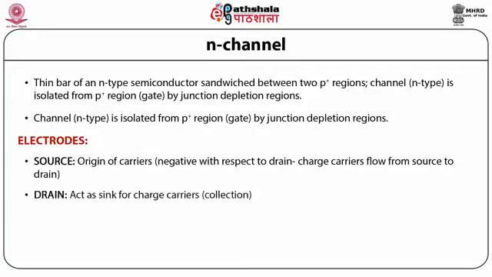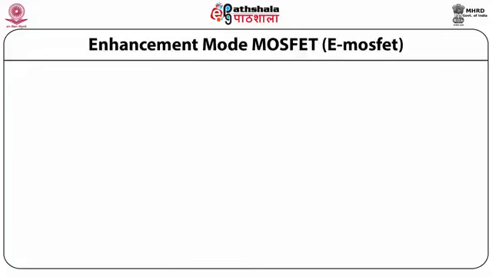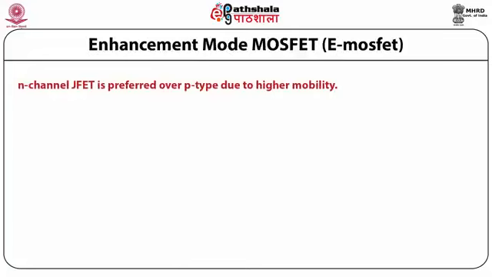Next is the drain, which acts as the sink for charge carriers, and this is used for collection. Next is the gate, which is a rectifying junction with the channel. So students, N-channel JFET is always preferred over P-type due to higher mobility.